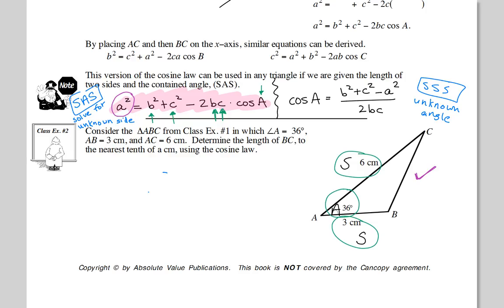All right. So A squared equals B squared, so 6 squared, plus C squared, which is 3 squared, and then minus 2 times B and C, so it's the same numbers, 6 and 3. And then you're going to times the cosine of 36.